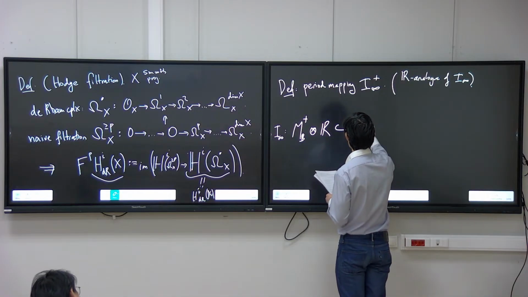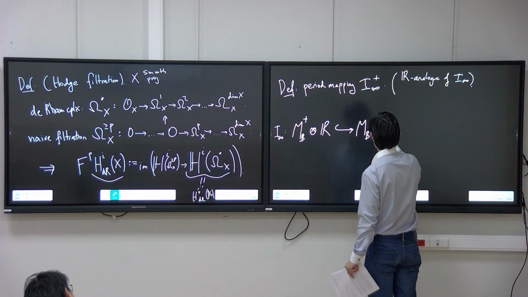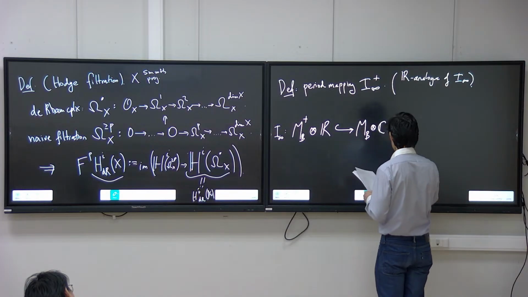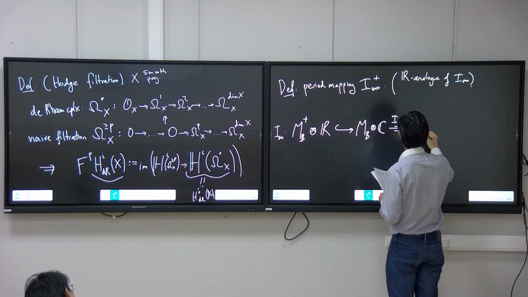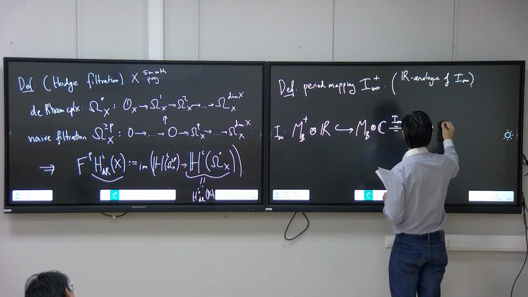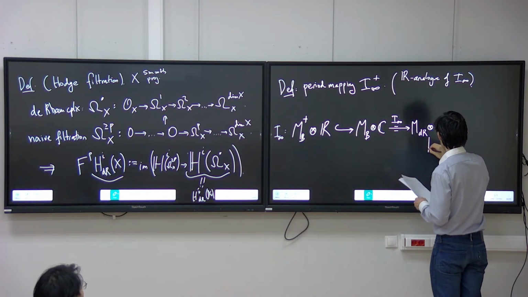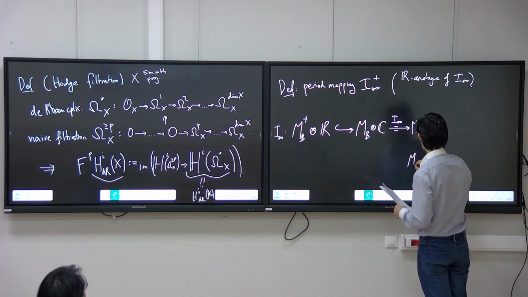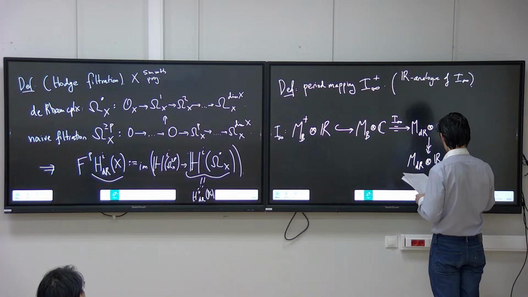Then that embeds into the Betti realization over the complex numbers, and now I can take the I_infinity comparison isomorphism, and then I project back down to the reals, and then I project again by the Hodge filtration.